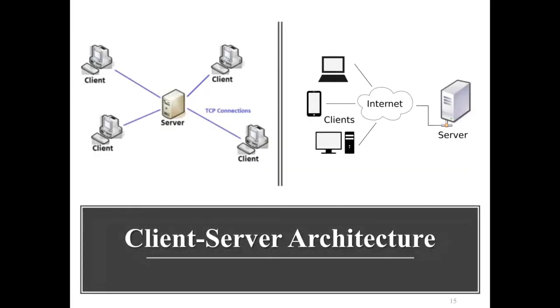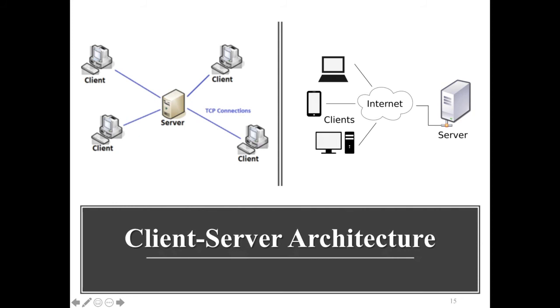Next, a very important architecture is client server. In client server, what happens? There is a central server. It can be one or more servers, and all the clients send their requests to the same server. For example, you are using Google through different devices, your laptop, your mobile, your desktop, and you are sending requests to Google servers.